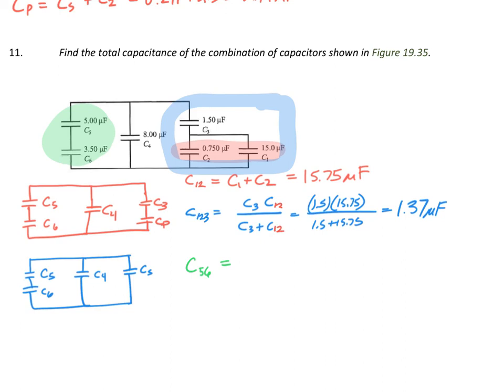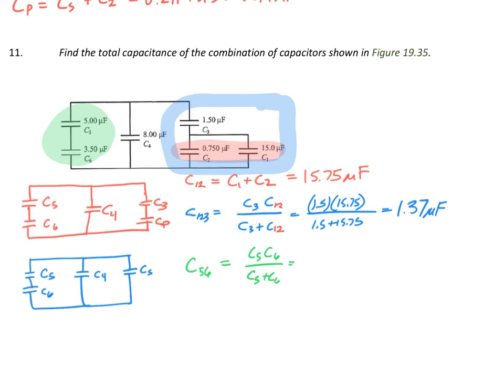That would be a better way to do this because it helps you keep track of what you were collapsing. All right, C56, how's that going to go? It's in series, so it's going to be product over sum. C5, C6 over the sum of those two.